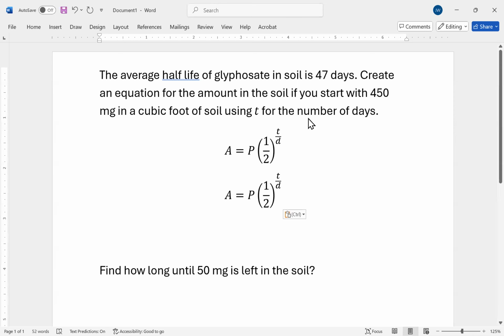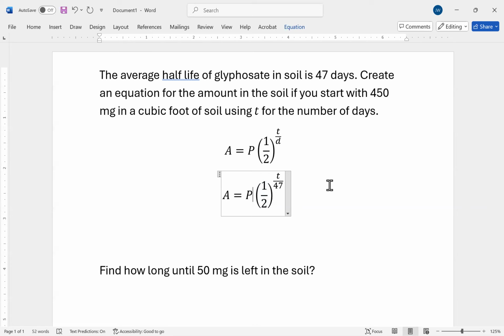The first thing I'm going to do is create that equation. And so it is A equals P times (1/2) raised to the T over D. Now, we know the half-life of glyphosate is 47 days. Since T is going to be a number of days, then I'll let D also be in number of days. So my D is going to be 47.